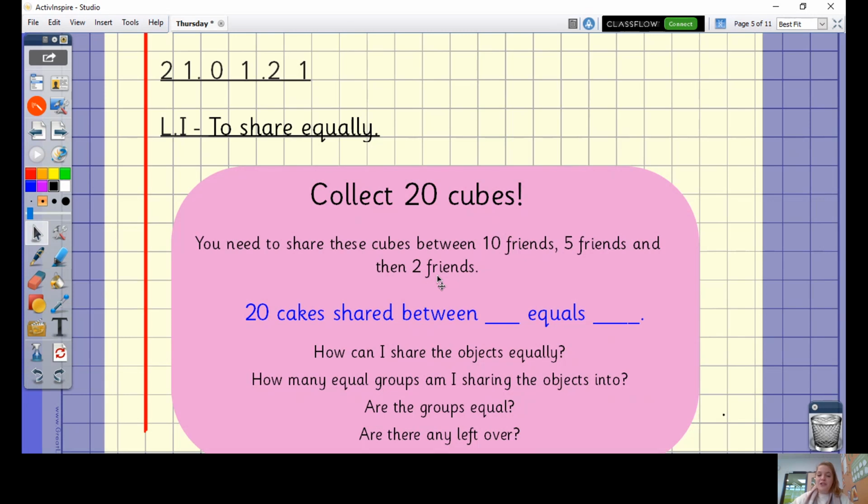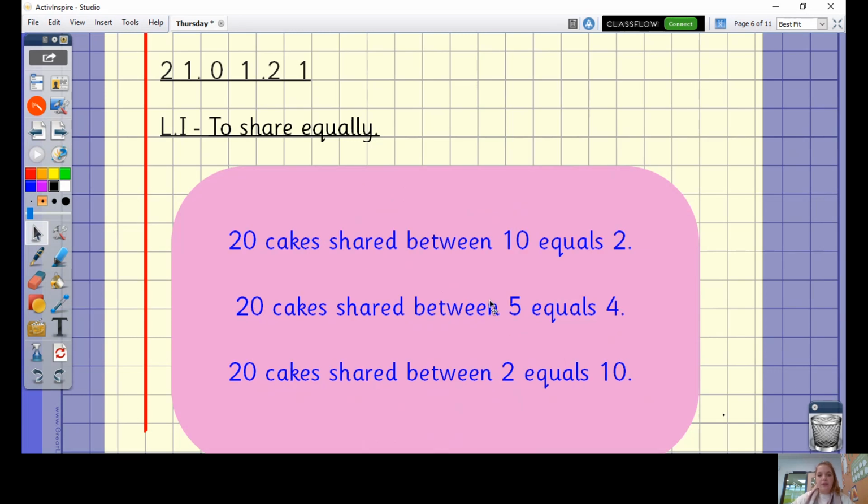Okay, hopefully you've had some time now to share those objects into those different number of groups. And let's have a look at our sentences then. So first of all, 20 cakes or 20 cubes, doesn't have to be cakes. 20 cakes shared between 10 equals 2. So you should have had 2 cubes or 2 objects in each group when you shared them into 10 groups.